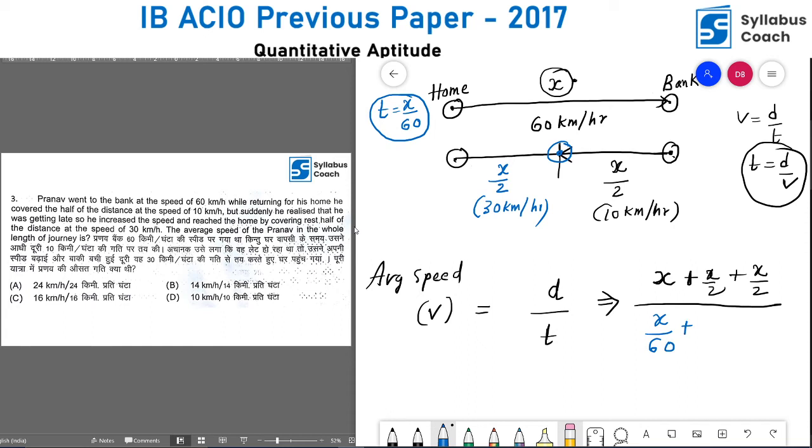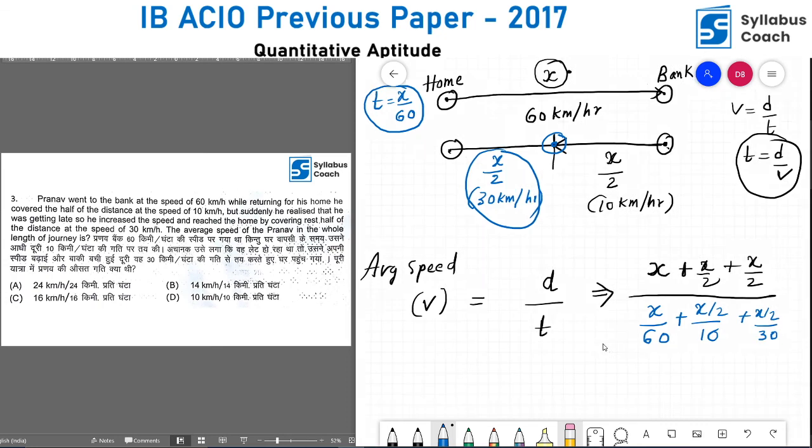Similarly, in this case, it is x by 2 by 10. And in this particular section, it is x by 2 by 30. So this is your average speed.